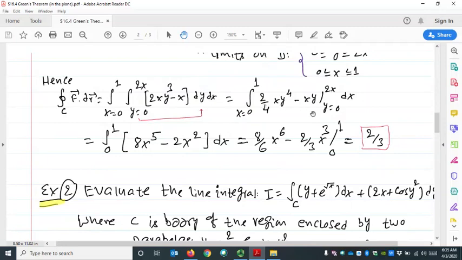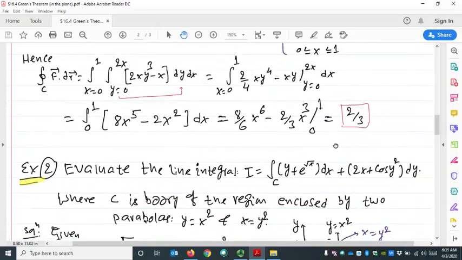The lower limit gives you 0 everything, so put y equals the upper limit, 0 to 1, and simplify. This gives you this expression. Integrate with respect to x and put the value x equals 0 to 1 and simplify. Just a routine computation. This gives you 2/3. Awesome. So we found the line integral in example 1 as 2/3.